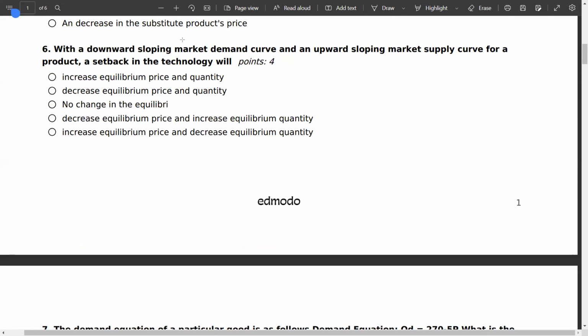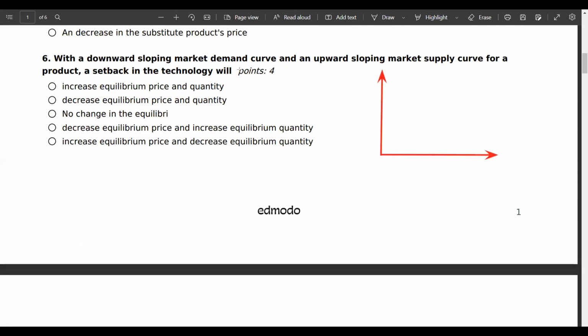With a downward sloping market demand curve and an upward sloping market supply curve, that means the normal situation. That's what we normally get. So we have price, zero, quantity. The demand curve, according to the question, is downward sloping.